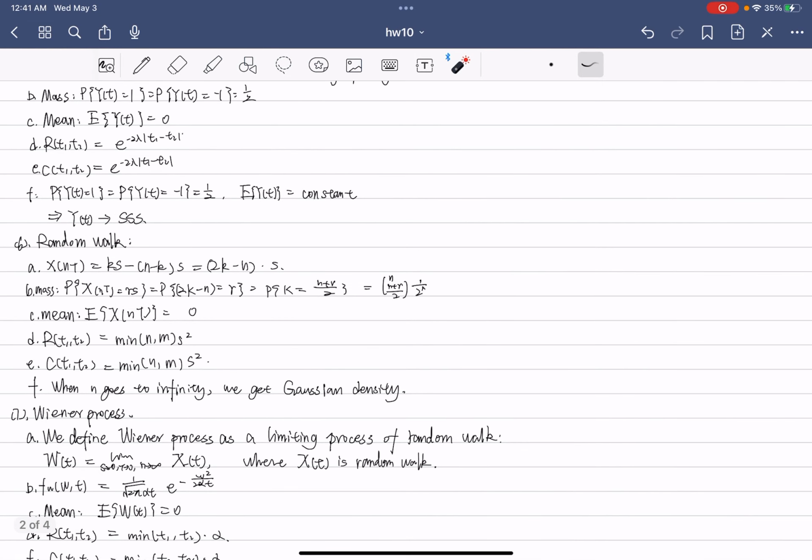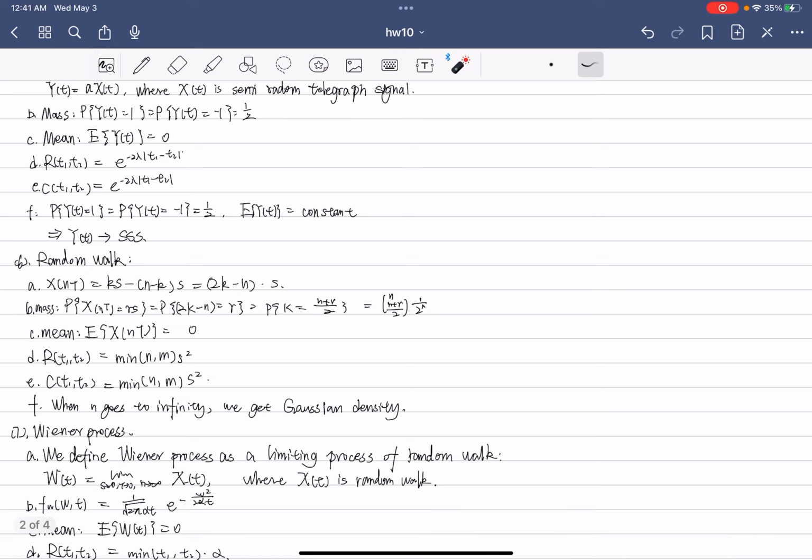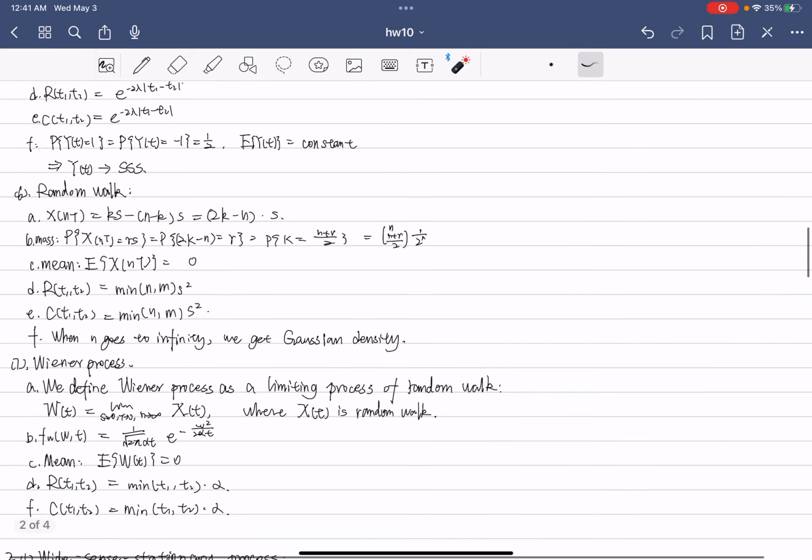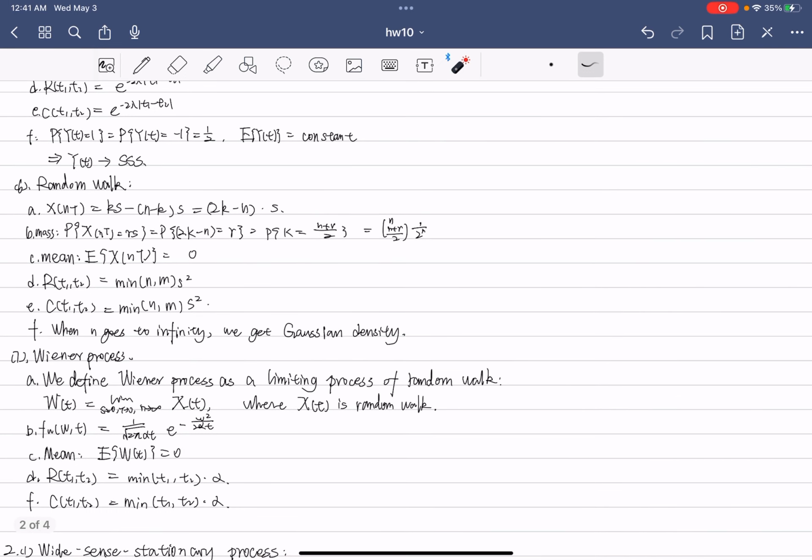Next one is the random walk. We can define it as X(nT) equals k times s, minus (n minus k) times s, which is (2k minus n) times s. The probability mass that X(nT) equals r times s is the binomial probability that k equals (n plus r) divided by 2.